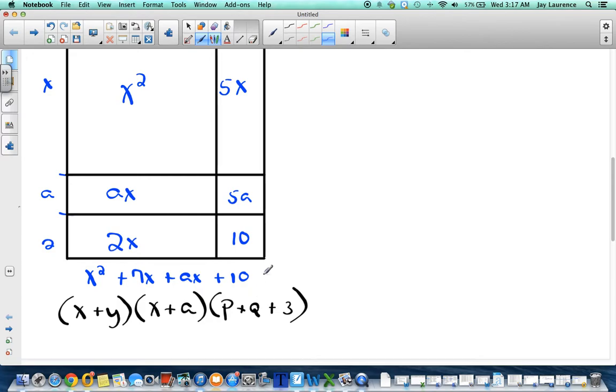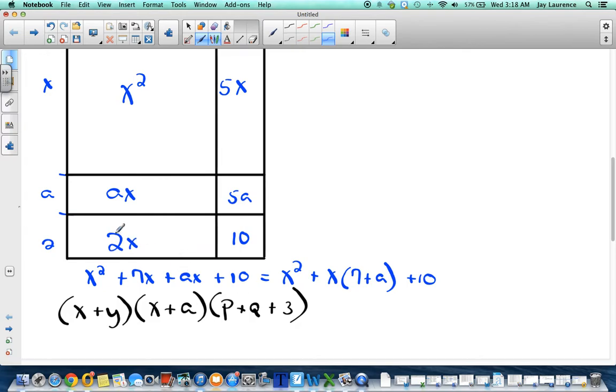You may have come up with some other answers. You may have come up with x squared plus 7x. Oh, I'm sorry. Here's what I wanted to do. Plus x times the quantity of 7 plus a, or a plus 7. Okay, plus 10. They are synonymous.